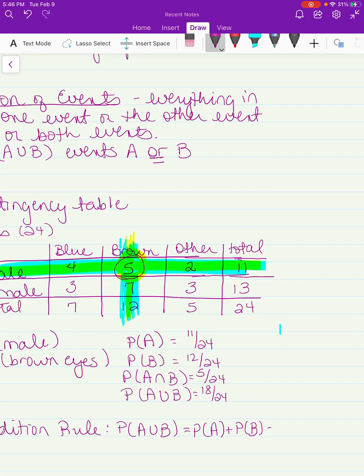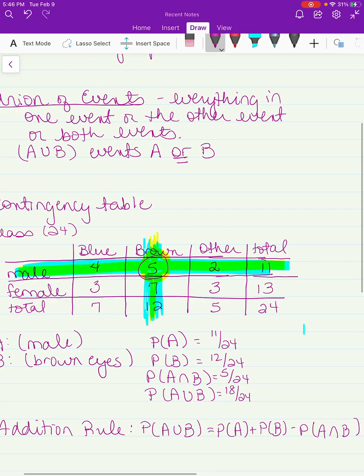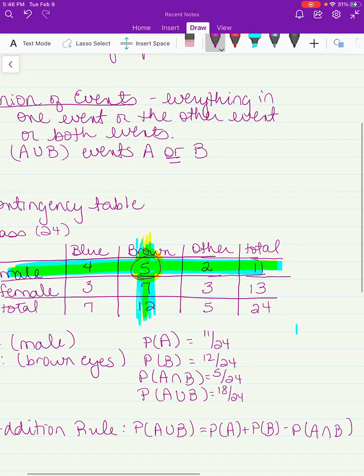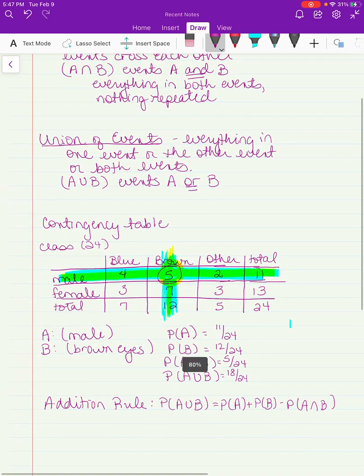So if we were adding the 12 and the 11, we would need to take it out. And that 5 represented the intersection. So the addition rule is finding the probability of the union. So you can either do it strictly by counting off of the chart, or you can use the addition rule that says find the probability of each of them individually, but take out the intersection because it's in there twice.